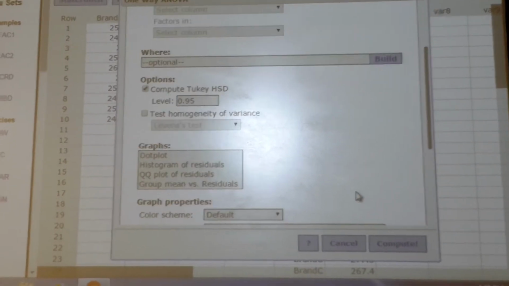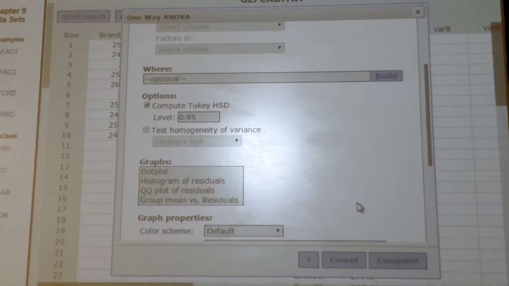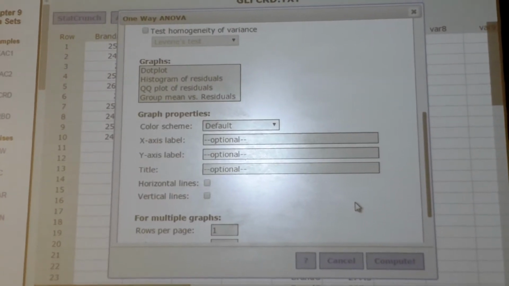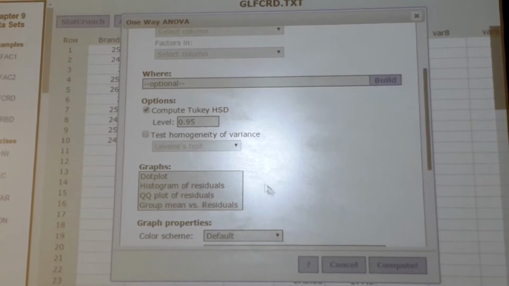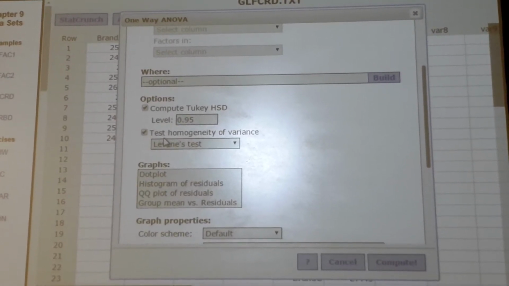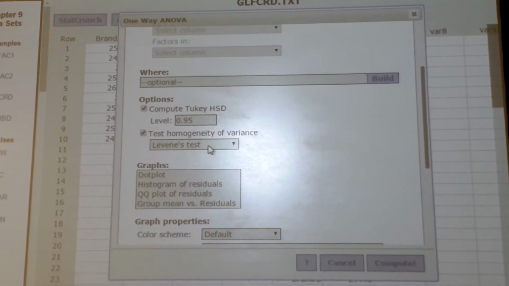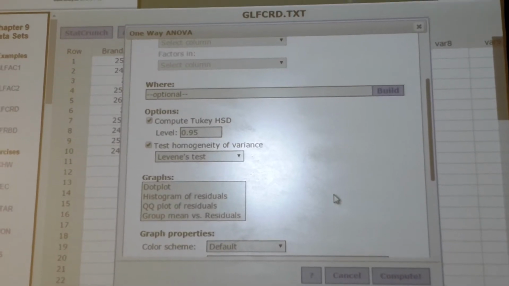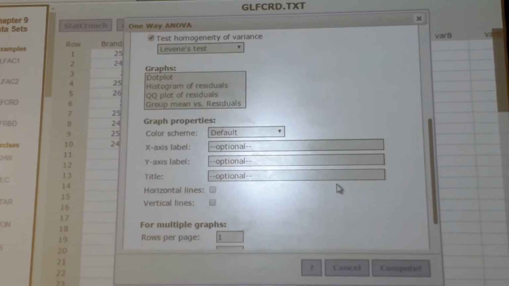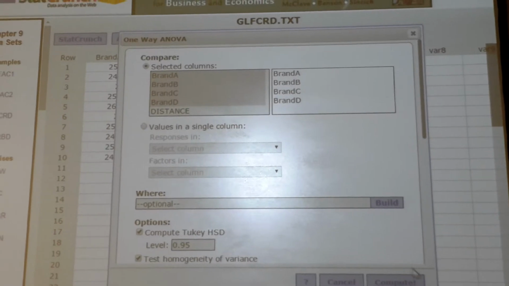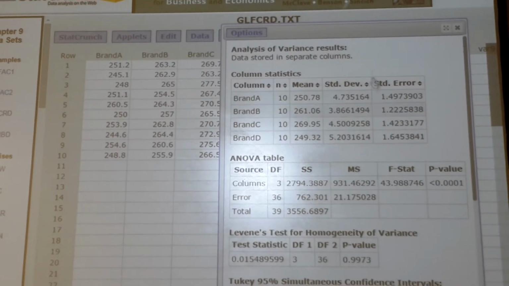More about that in a moment. One other thing that we want to do is the Levene's test for homogeneity of variance. Again, more about that in a minute. We go ahead and click Compute.